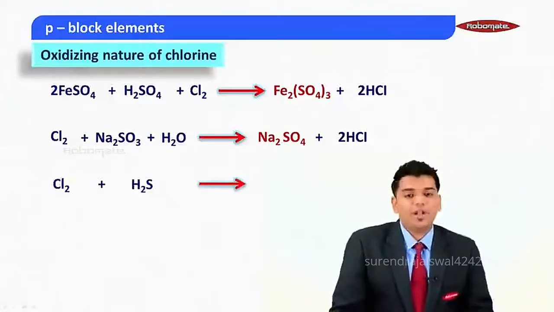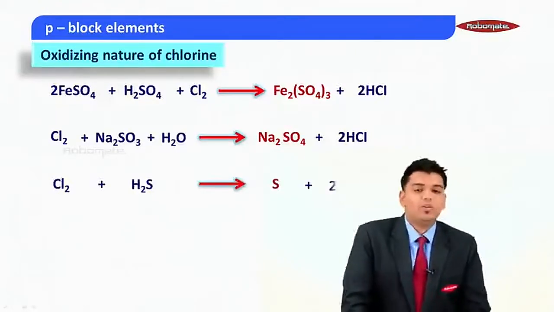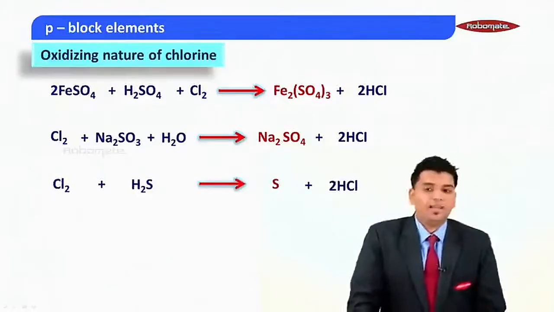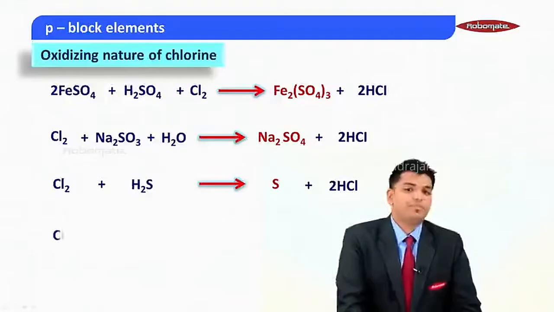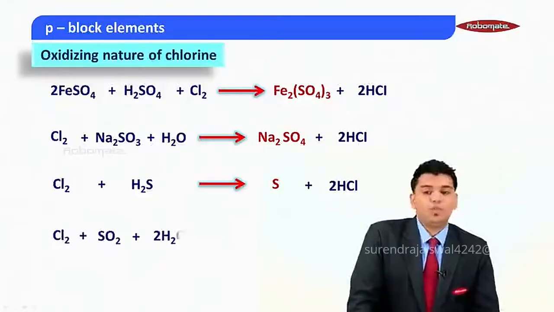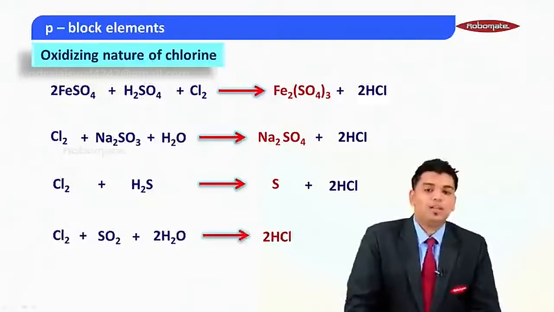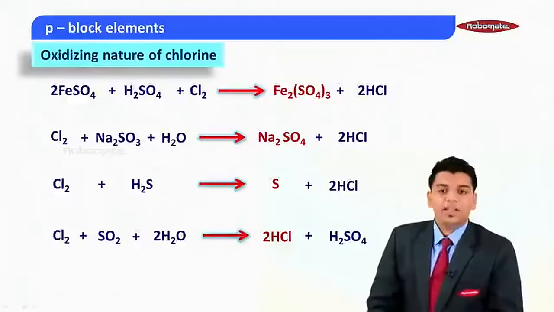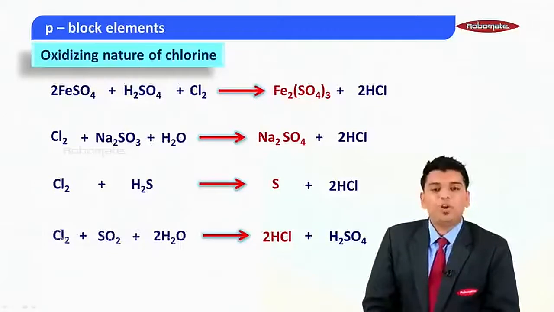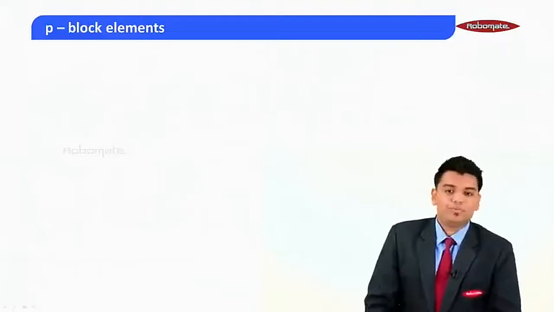Next, Cl2 when treated with H2S gives out sulfur and HCl. That means in H2S, S gets oxidized to give sulfur. Now Cl2 plus SO2 and H2O result in the formation of HCl and H2SO4. Here S gets oxidized from +4 to +6 state in H2SO4.